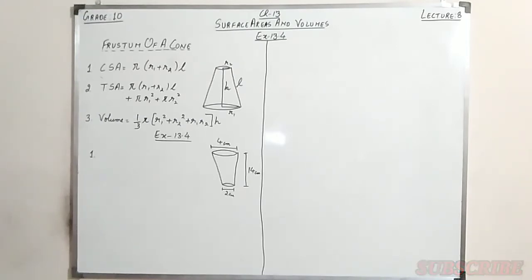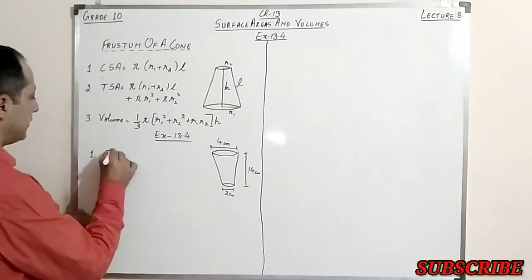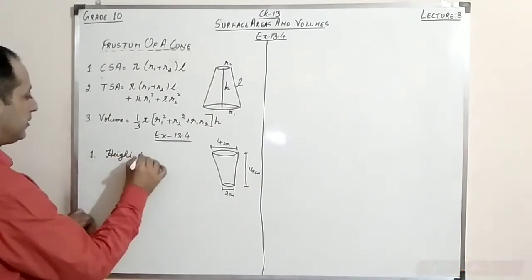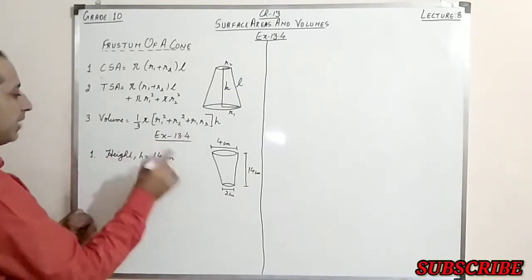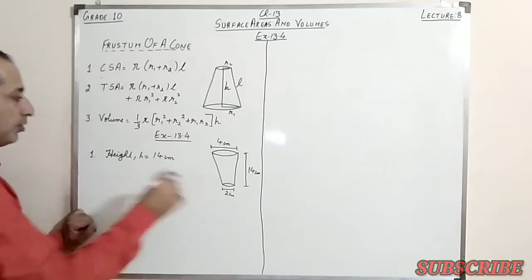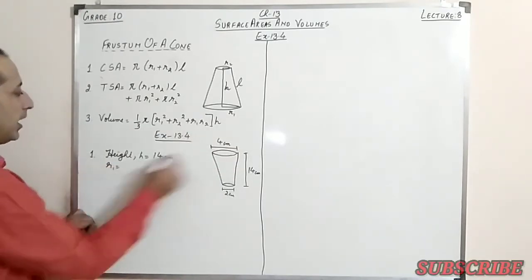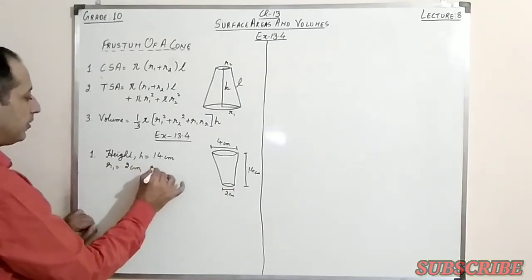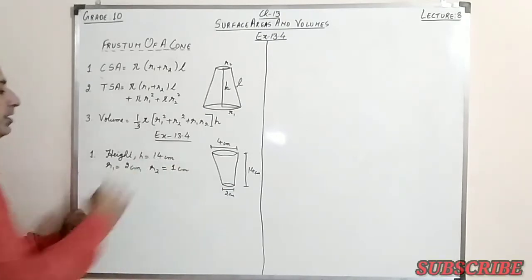So, what is given: height h equals 14 centimeter. The diameters are 4 and 2, so the radius, the bigger one R1, will be half of 4, that is 2 centimeter, and R2 will be half of 2, that is 1 centimeter.